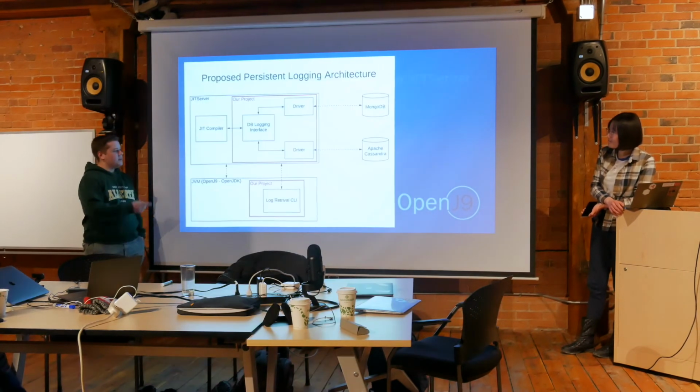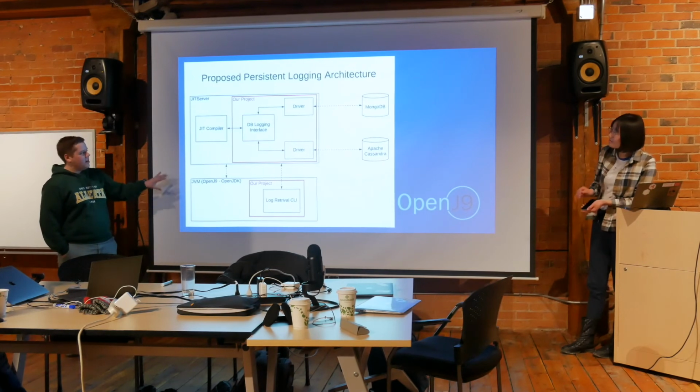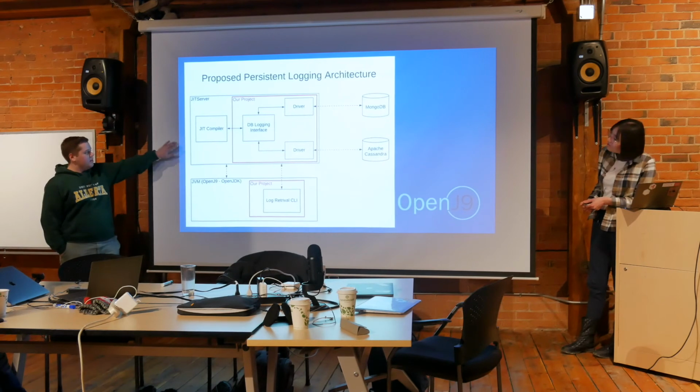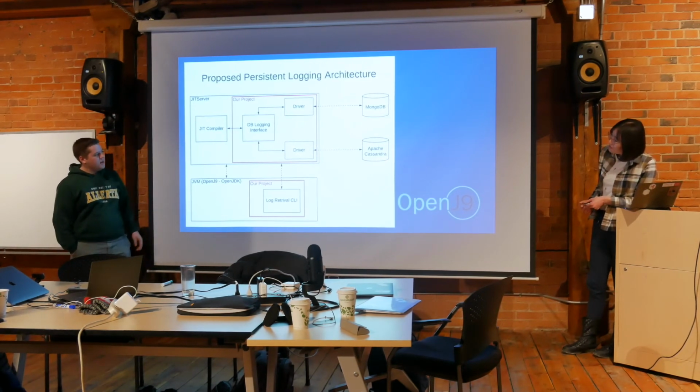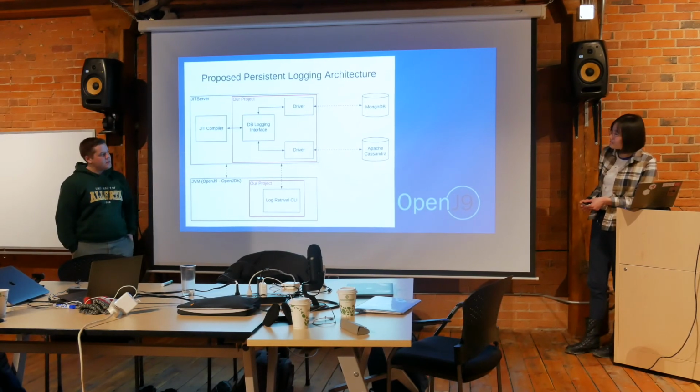So this is just a simple diagram of how our project is structured. Currently, as explained before, the JVM will communicate with the JITServer, which has a JIT compiler in it already. The part that we hope to add is a logging interface that will allow us to log to the various off-the-shelf databases in a simple way.